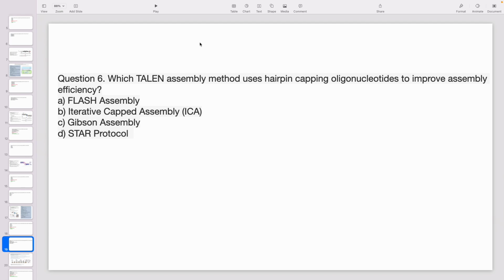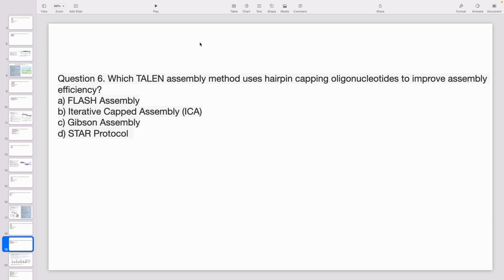As already mentioned, these TAL effector proteins have repetitive domains, and each domain has around 33 to 35 amino acids, and the amino acids present at the 12th and 13th positions of this repeat are responsible for binding to one DNA base pair.